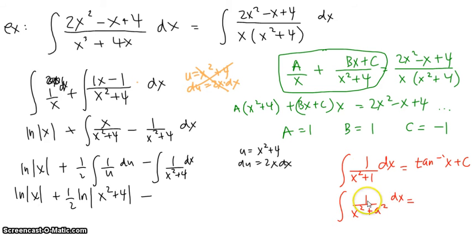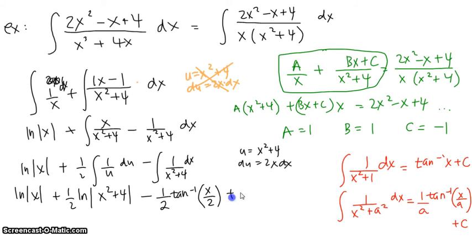And that integration really is a form of completing the square. It's going to be 1 over a arctangent of x over a plus c. Okay, so in this case, if you notice, 4 is going to be 2 squared, right? So a is going to be 2. So that will give me the integral of 1 over x squared plus 2 squared is equal to 1 over 2 arctangent of x over 2 plus c.